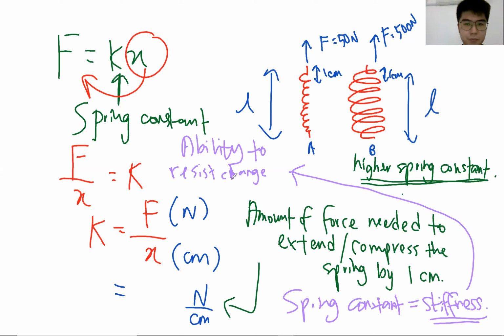Meaning you are resisting the incoming external force. You might fall and lose the game, or you might still be standing there and win. But regardless of the result, you are trying to resist the change. So you can think of stiffness as the resistance to changes from an external force.